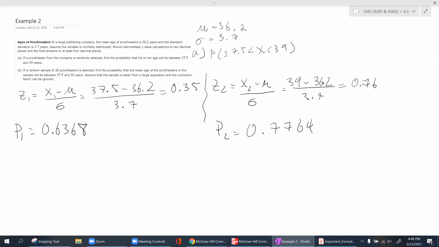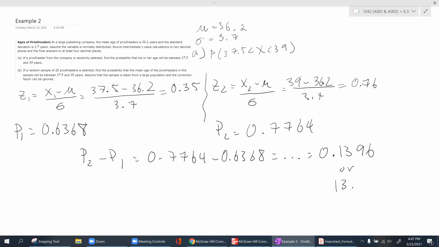Since you're finding an area between, it's going to be P2 minus P1. What's that going to give me? That is 0.7764 minus 0.6368. When you calculate this, it should give me 0.1396, or 13.96%.